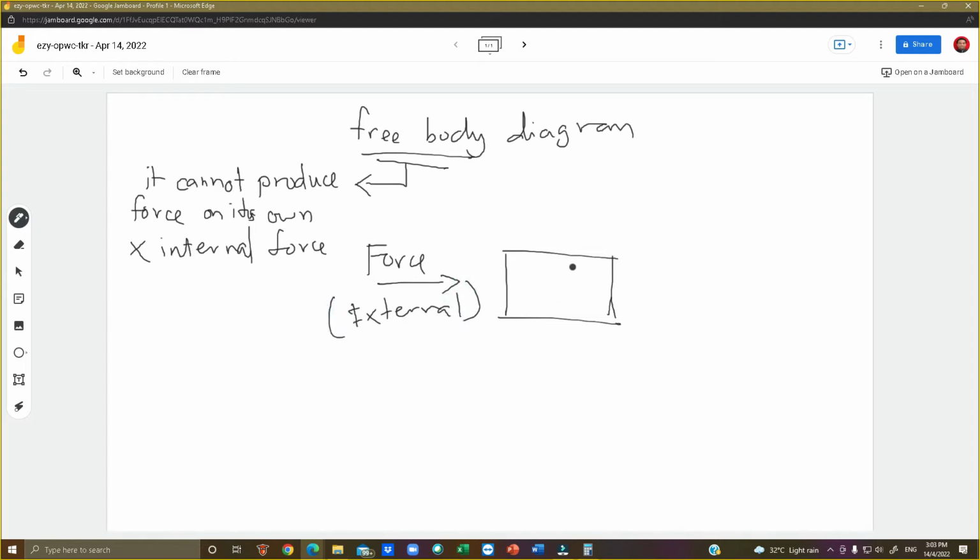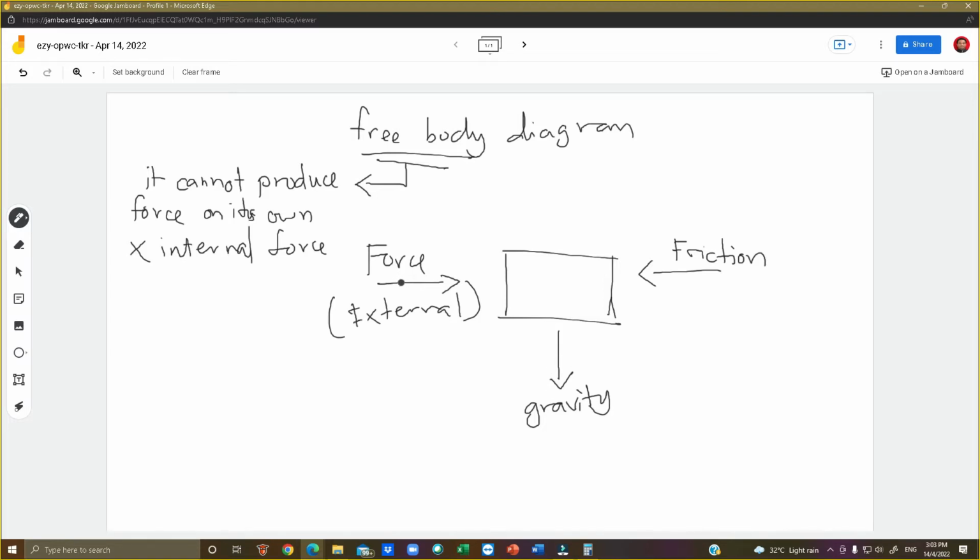Number two, it will be subjected to friction, depends on the direction of the force being applied. And yang ketiga, it will react to gravity at all time.